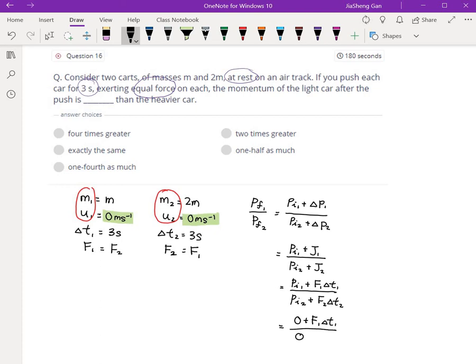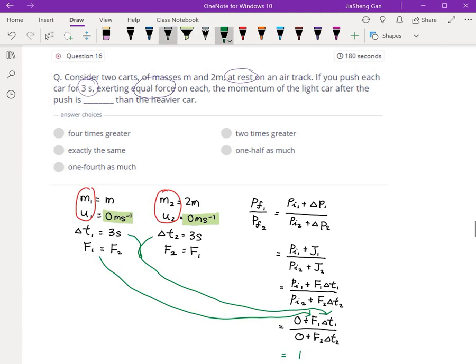Car number 2, the initial momentum is also 0. Now if you look here, F1 is equal to F2. Then T1 and T2 are both the same.